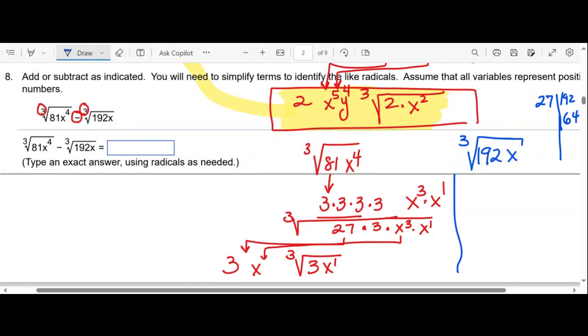So 192 divided by 2, give you 96. Okay. 96 divided by 3, 32, divided by 2, 16. Oh, okay. So 2 is good, right?